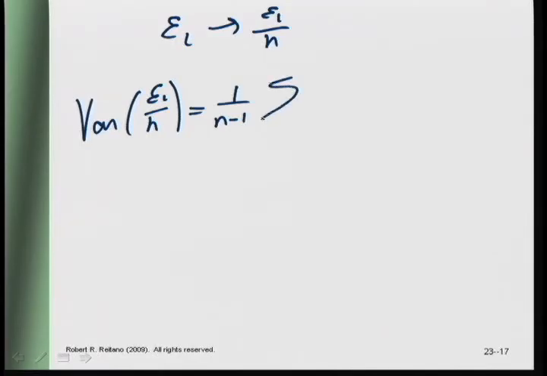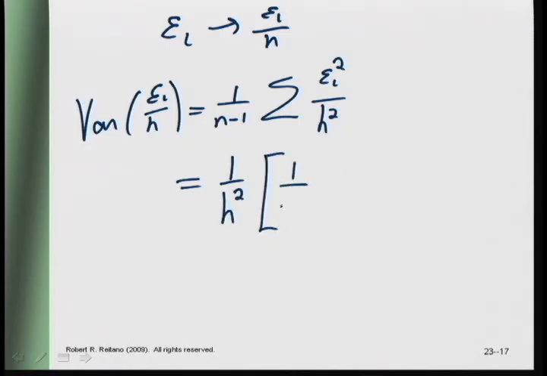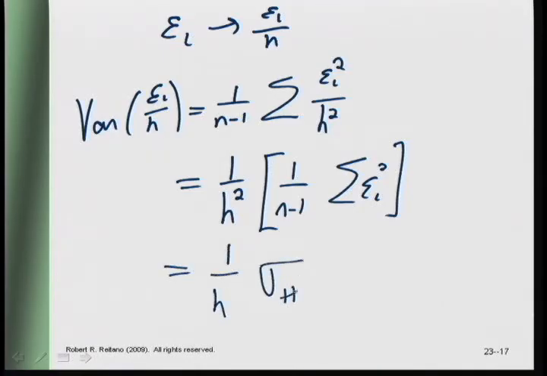We have a summation of epsilon i squared over h squared. And that's equal to 1 over h squared times the estimator we looked at a moment ago. In other words, this is 1 over h times the variance estimator we had a moment ago.